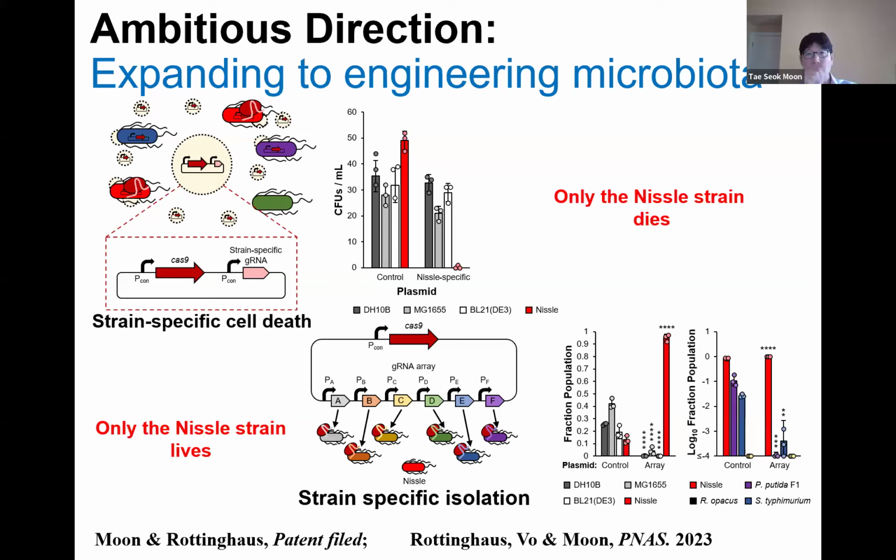But once you knock out this gene, there's no such reaction. In that way, we know the function of that gene. So we now understand the entire E. coli cell.